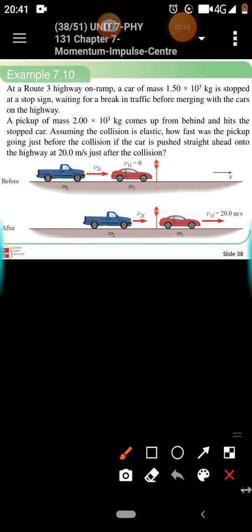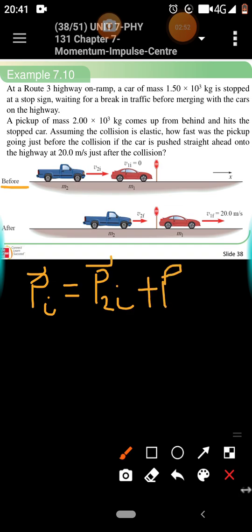So let's calculate the momentum before, the initial momentum. We add the momentum due to mass 2 initial plus the momentum due to mass 1 initial.